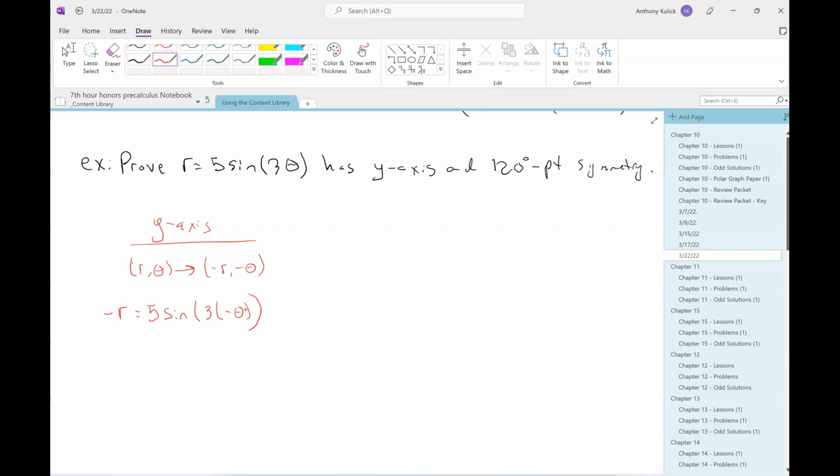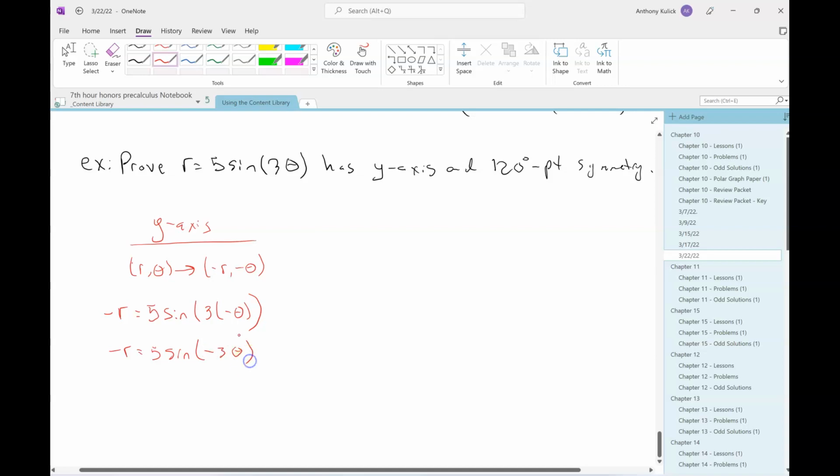And now what I'm going to do is try to simplify this down so that I end up with the same thing that I started with. So let's simplify inside the parentheses first. 3 times negative theta just becomes negative 3 theta. Everybody's cool with that? Basic algebra there.